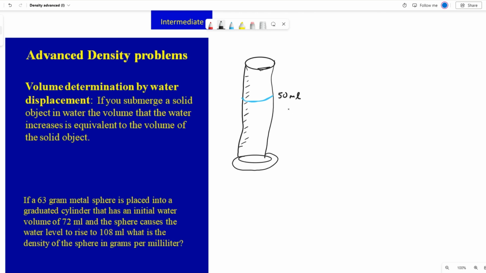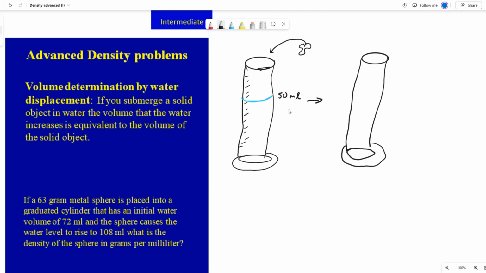And then you were to take some type of a solid object and place that solid object into the water. What's going to happen is the overall level of the water will increase. And the amount that the water increases is equal to the volume of the solid object.